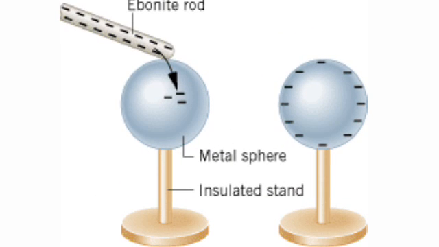Next, transfer by conduction. When the ebonite rod is rubbed with woolen cloth, electrons from the woolen cloth are transferred to the ebonite rod. Now, the ebonite rod will be negatively charged. When it is brought near the paper cylinder, negative charges in the rod are attracted by the positive charges in the cylinder.